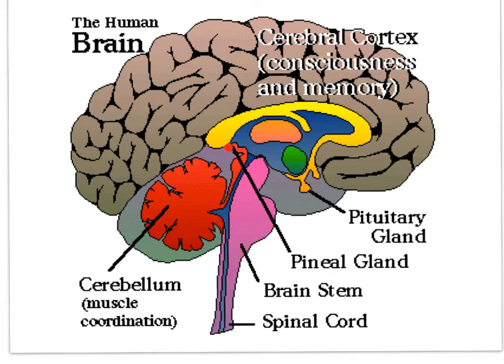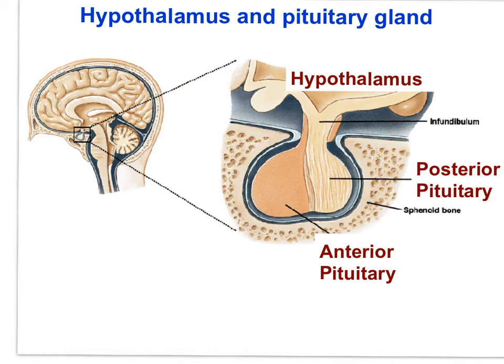The pineal gland, which secretes melatonin, is here. Melatonin regulates circadian rhythms, the sleep-wake patterns seen in animals. Once again, we can see the relationship between the hypothalamus and the pituitary in this slide.